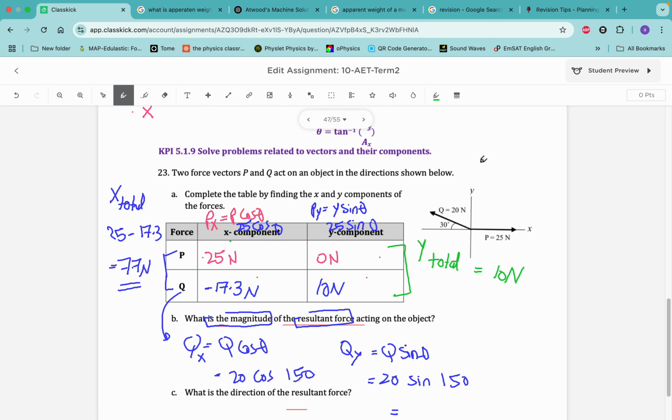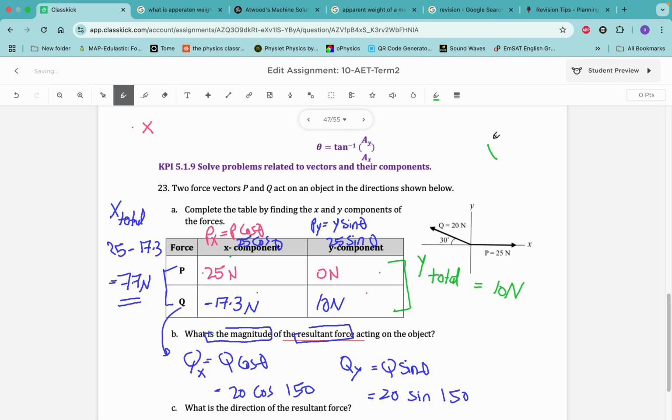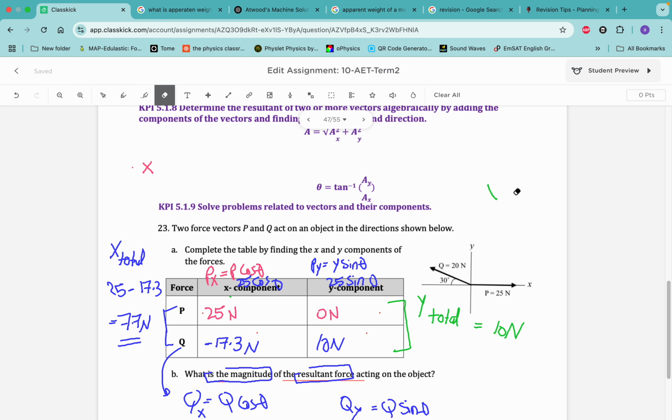So obviously, I'll draw it here. On the x component, we have 7.7 Newton. On the y component, we have 10 Newton.